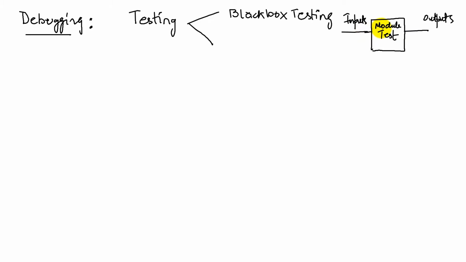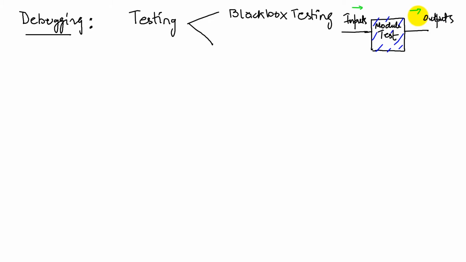The box has been obscured. So we don't care about what's inside the box. We simply test its behavior by subjecting it to inputs, and by looking at the outputs to see whether the outputs are as expected.